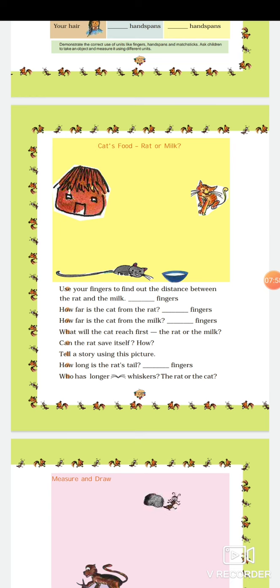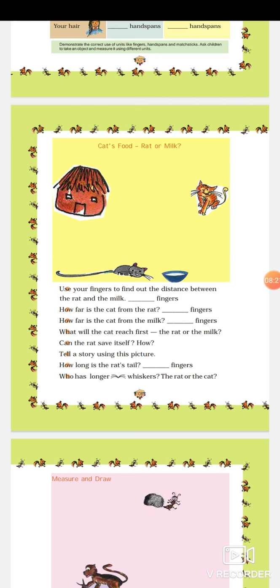What may be the distance, you can write here. In this page you can write in the book. Okay, then how far is the cat from the rat? So how far, that distance also you can write. Then how far is the cat from the milk, by using the fingers. Okay, you can measure. So cat from the milk, you see.